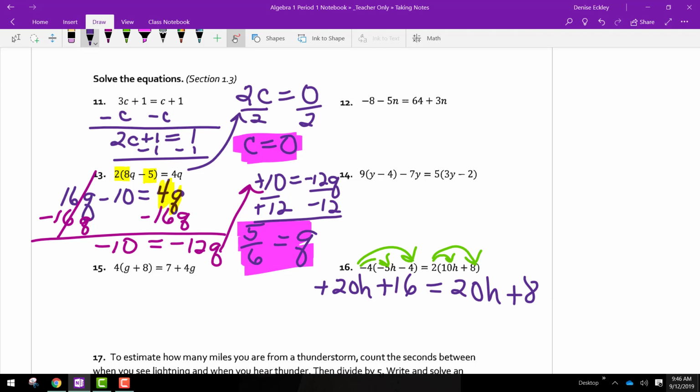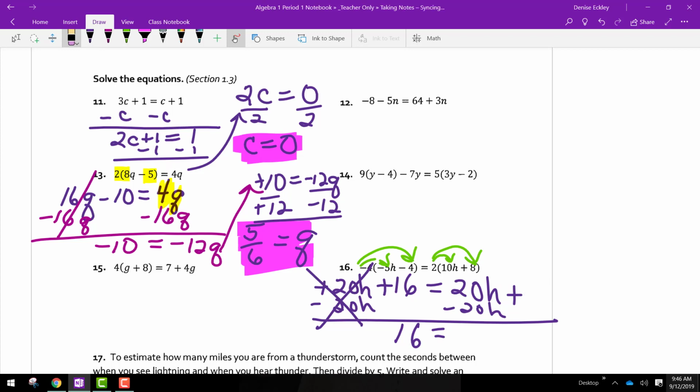Okay, so now I want to put my h's together, and what I notice is when I move the h's from one side to the other, they completely cancel. So I am left with 16 equals, and then hopefully you guys noticed that I forgot to distribute that correctly. So I'm going to do 2 times 8 and get 16 here. So I get 16 equals 16.